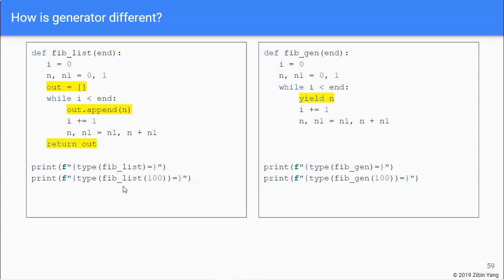What we're going to look at first is what is the type of fiblist itself and fibgen itself, without actually calling them. And then secondly, when we invoke a function with an actual parameter, and when we invoke a generator with an actual parameter, what is the type of data that it returns?